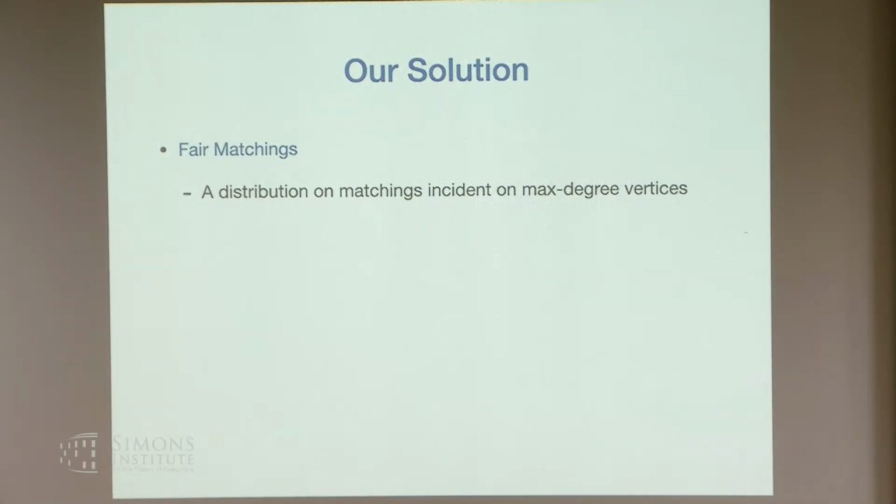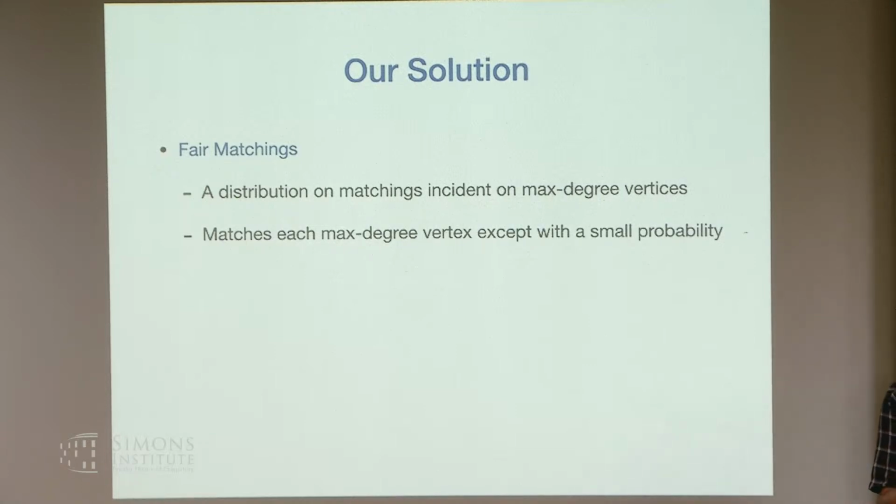This distribution tries to match every maximum degree vertex almost equally. It tries to match almost all of them, and also is not biased toward, say, this vertex never gets matched. Pictorially, let's say these are all the vertices, these are all the maximum degree vertices, and you find a matching incident on these.